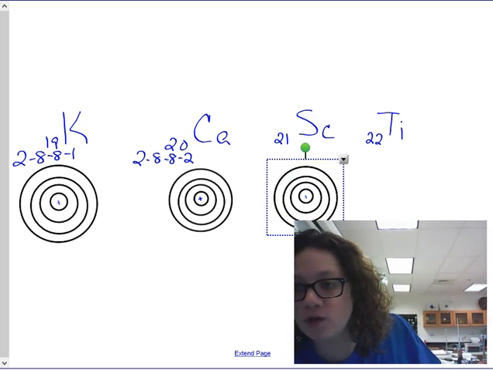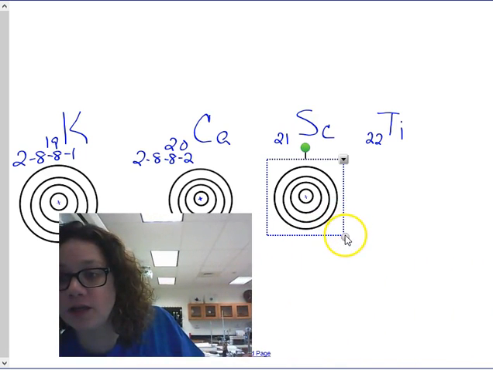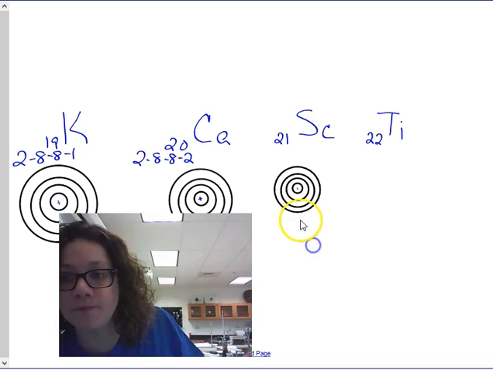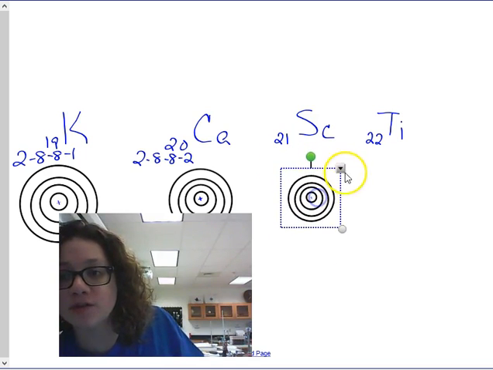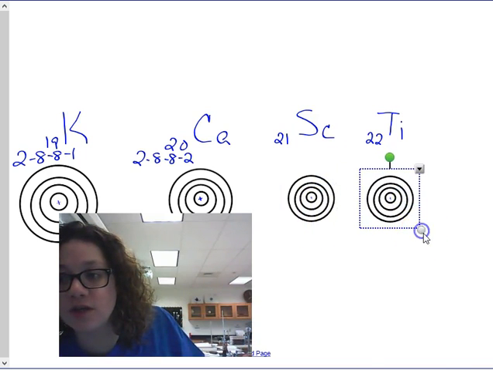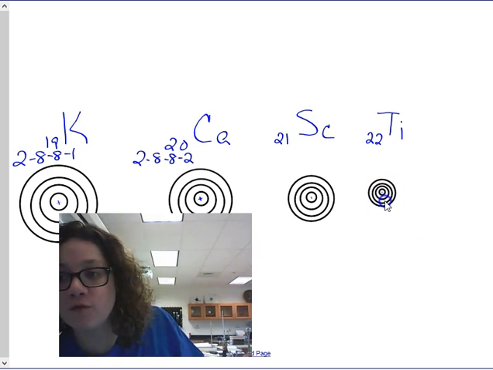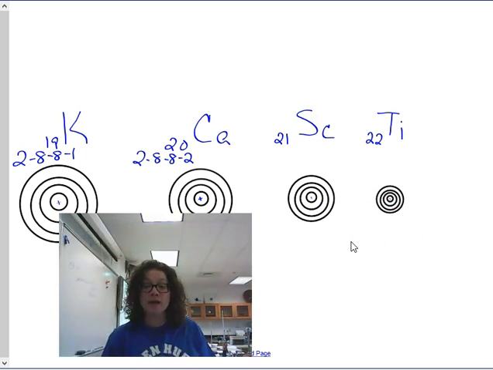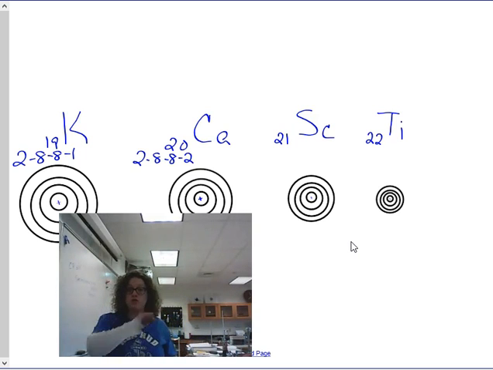So, we can look at it. Titanium also has 4 orbitals, but it has more protons in its nucleus, so it's going to pull on those 4 orbitals closer. As you go from left to right across the periodic table, you have potassium, which has 4 orbitals but 19 protons pulling on those electrons.